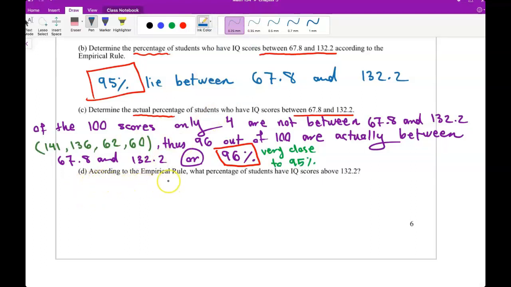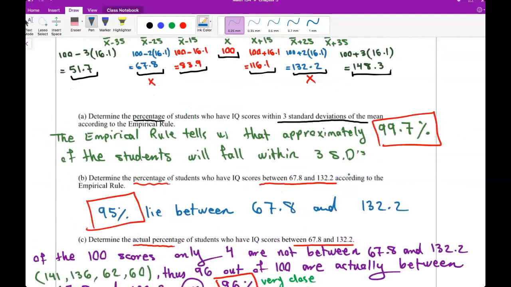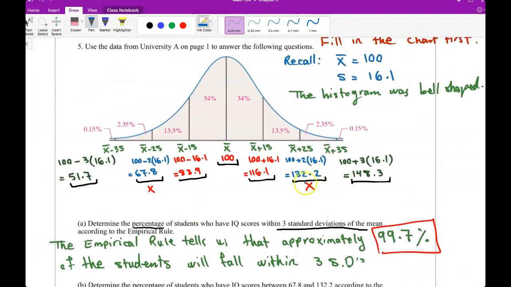Part D: according to the empirical rule, what percentage of students have IQ scores above 132.2? Here is 132.2, and higher than that we have this part, so we should consider this part to this point.